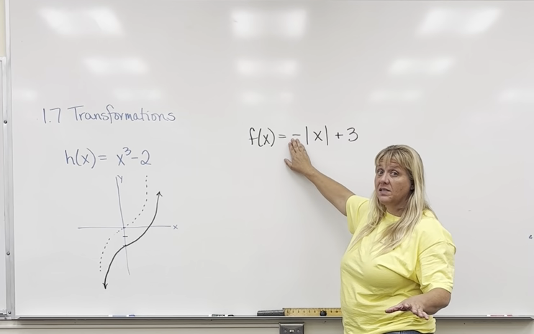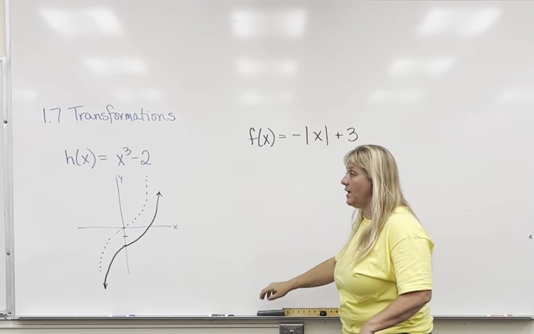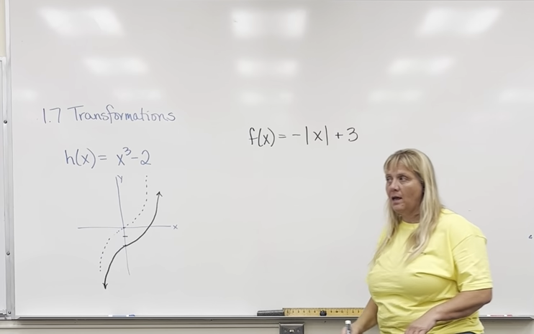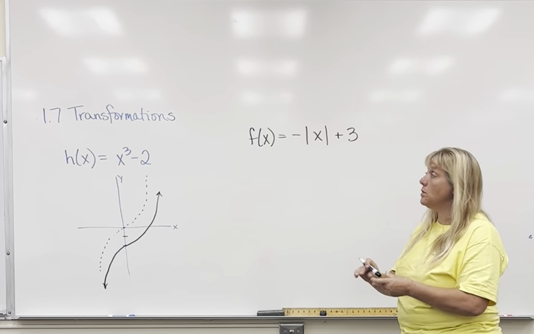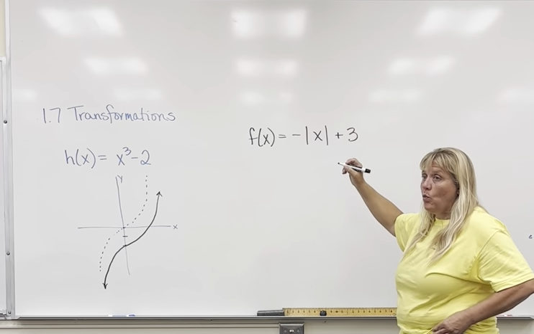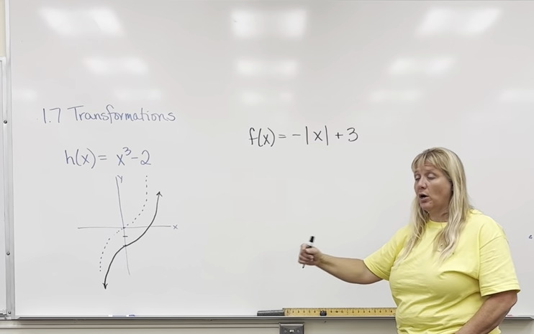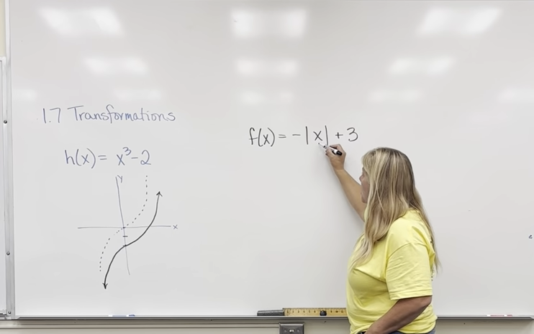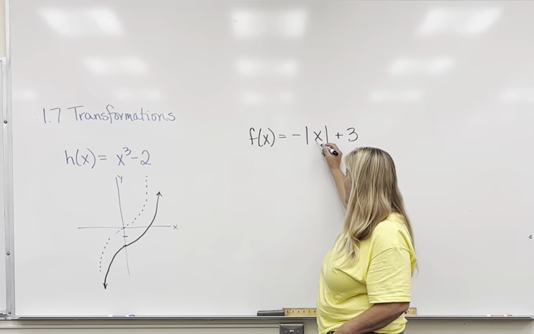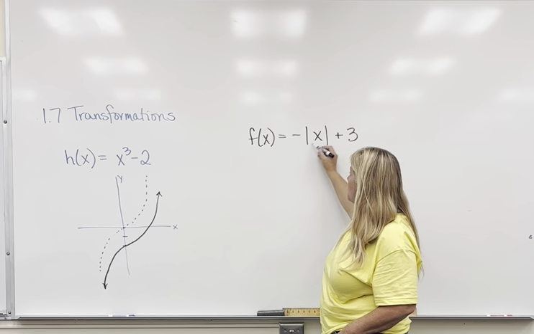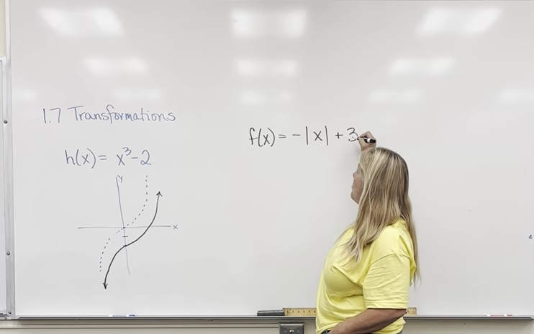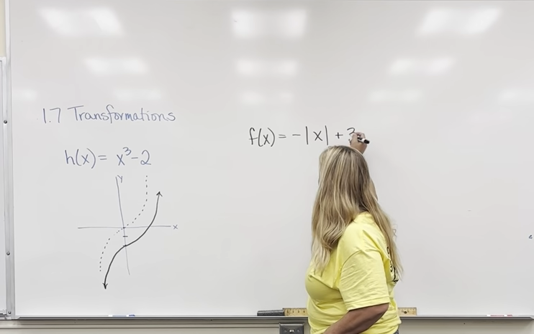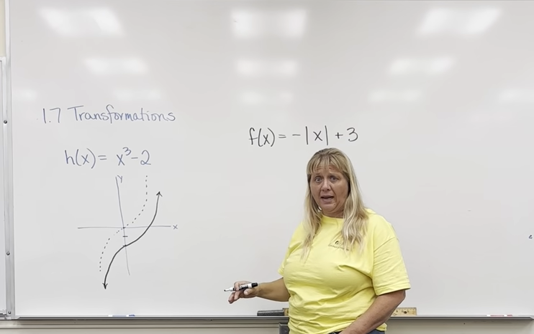So the negative is our reflection and the plus 3 is our vertical translation. Now, when we have multiple transformations going on, we are going to do this in multiple parts, but we want to be very careful. We're always going to start closest to the x. So the first transformation we're going to do is this guy. Okay, so that guy happens first, then we'll do the vertical. And the vertical is always going to be the last one.